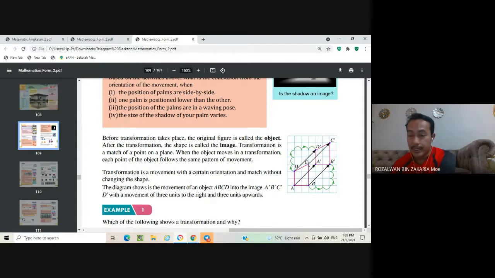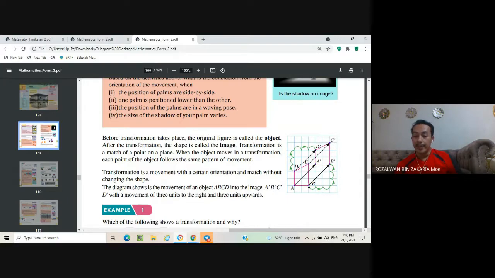Both are fine. Here I do the movement upward first. Starting from point C, move 3 units upward: 1, 2, 3, then 3 units to the right: 1, 2, 3. So this is the image of the point C. C prime is the image.